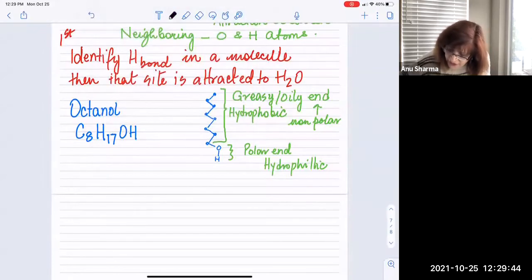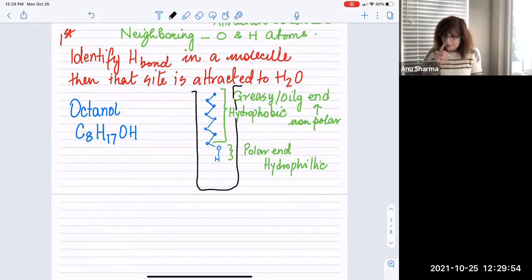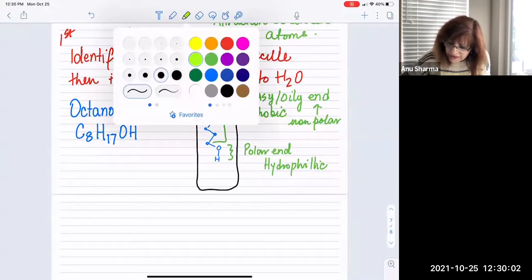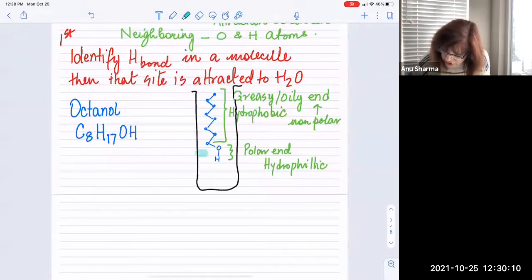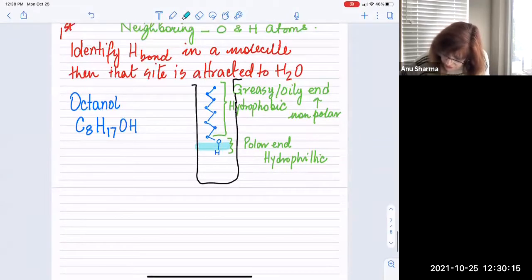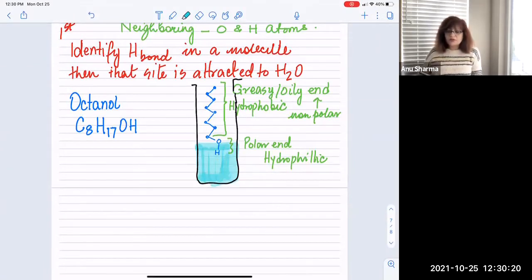So if you have a test tube or a container which is containing water, here we see the water side is attracted. The OH actually dips inside the water. So, sorry, this side is the hydrogen side inside the water molecules.